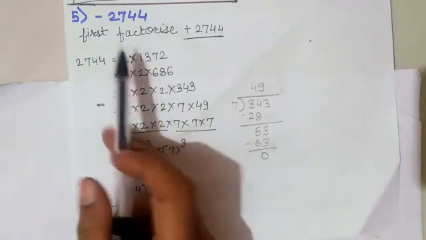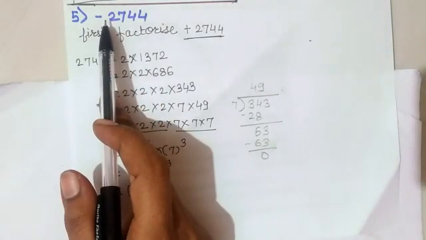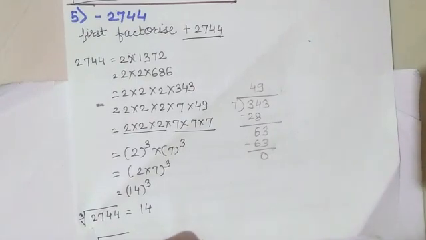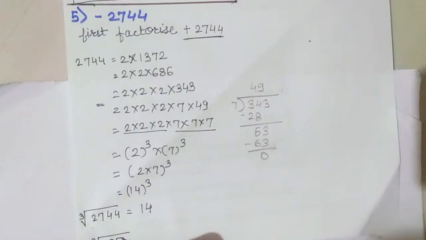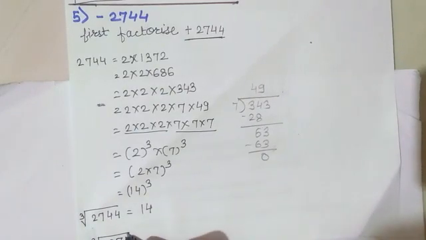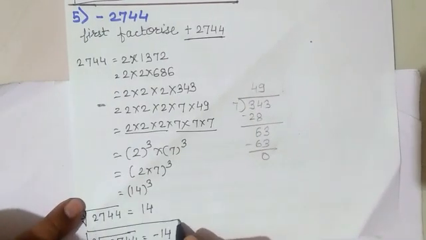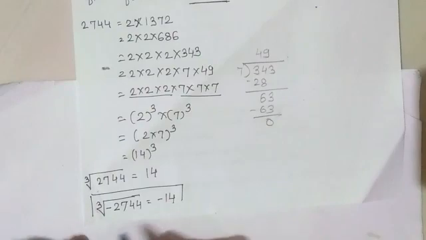But we have to use our negative symbol now. So in the cube root we are going to write negative 2744 and the answer is negative 14. And this is our actual answer.